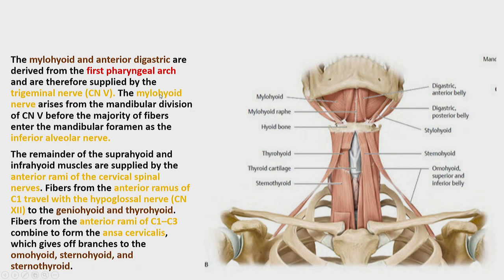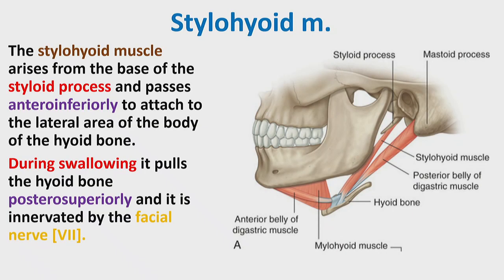We said it's a branch of the inferior alveolar nerve, which is a branch of the mandibular nerve. And the remaining supra and infrahyoid muscles are from the spinal nerves arising from the spinal cord that we already mentioned.